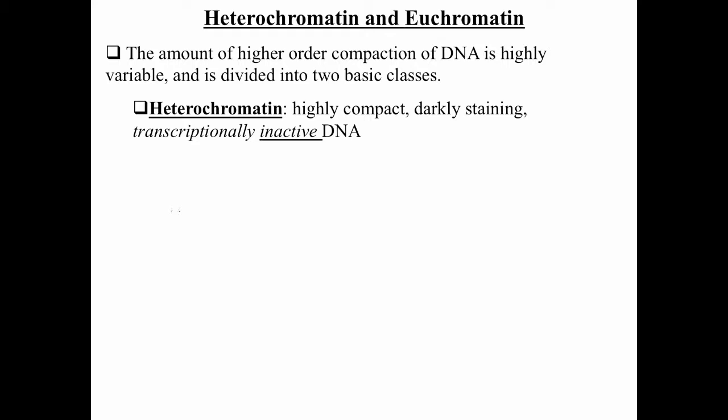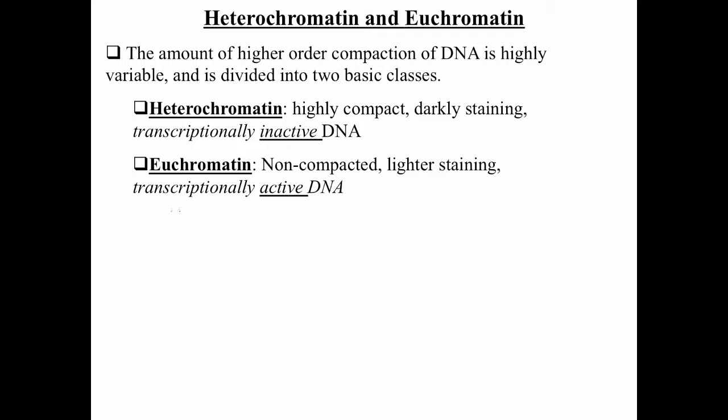And because it's very, very compact, it's very difficult for the machinery involved in transcription to access the DNA and turn on gene expression. And so heterochromatin tends to be transcriptionally inactive DNA, meaning that very few transcripts are going to be made from heterochromatic DNA.